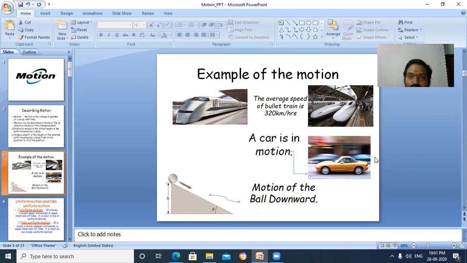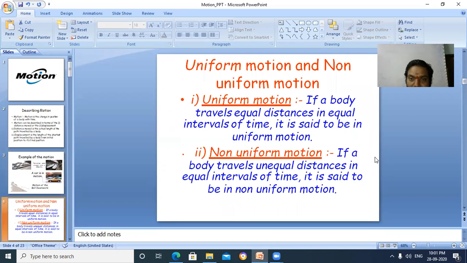Coming to some day-to-day examples, a car will be in motion, and of course a train, you can see a local train. That is called linear motion. If you have an inclined path, the path changes, like the ball moving downward in the slide, that is an inclined plane. That also we can observe.